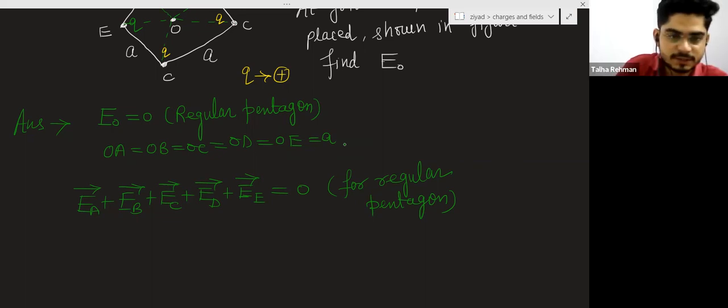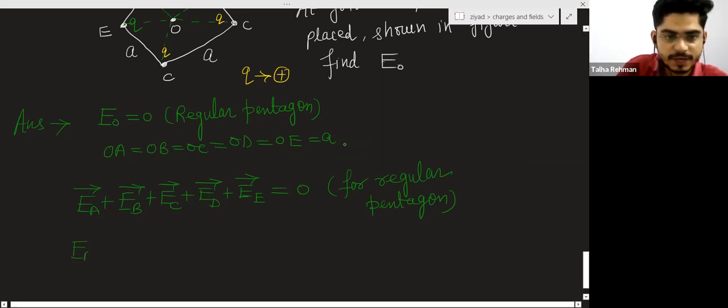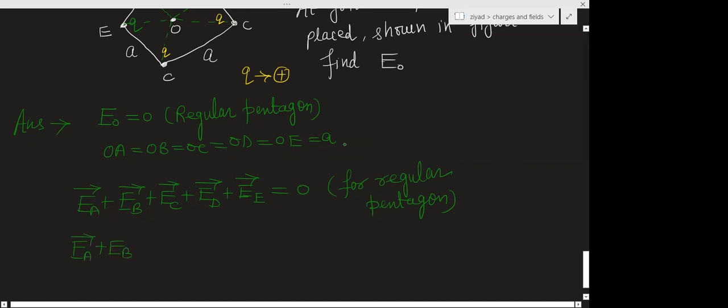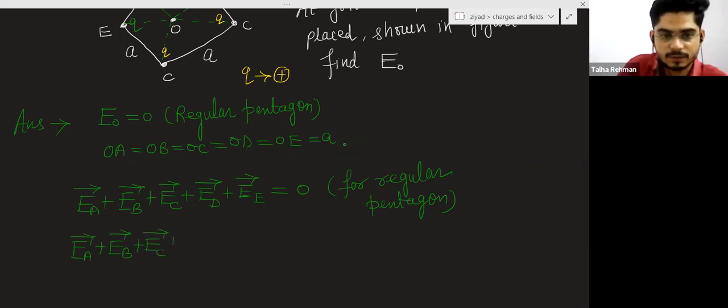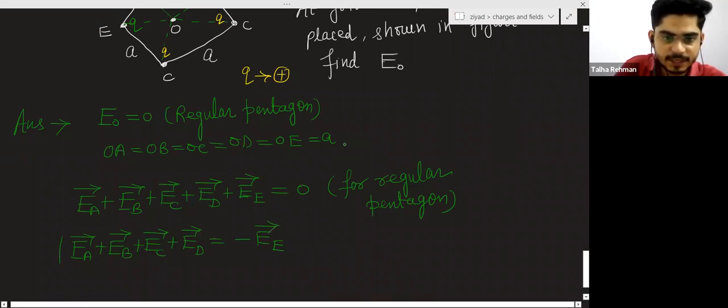So I can write this as electric field at A plus electric field at B plus electric field at C plus electric field at D is equal to minus of electric field at E, as vectors, and take the magnitude on both sides.